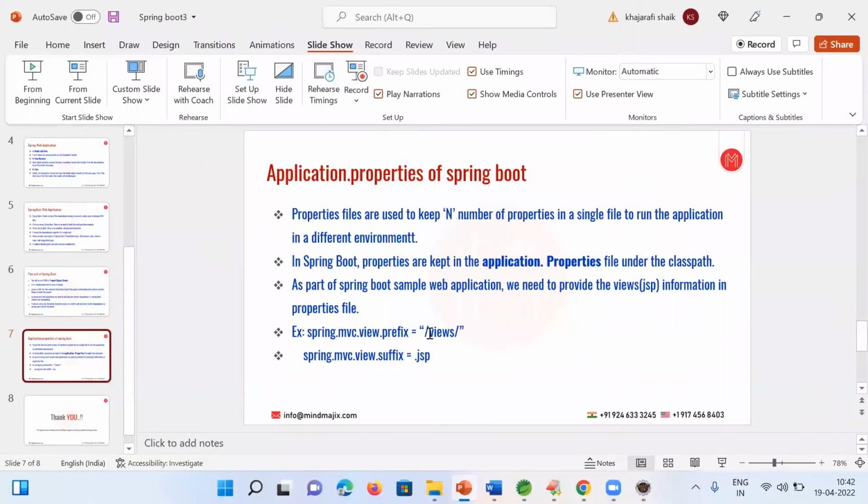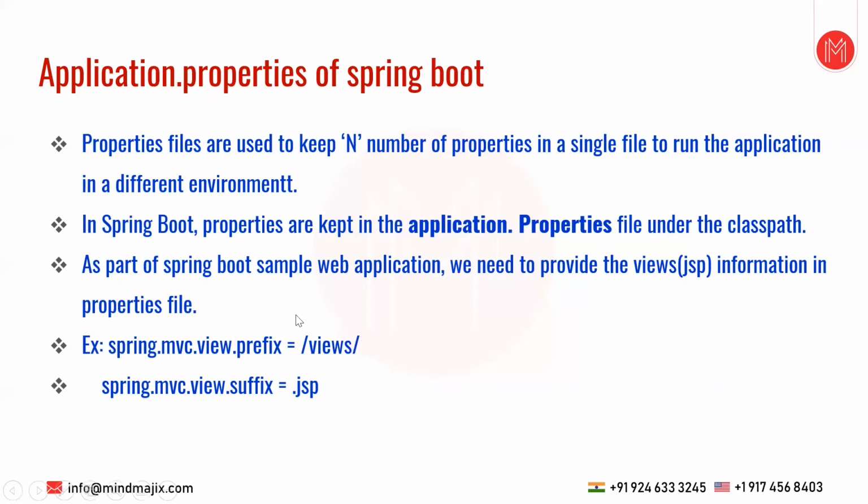spring.mvc.view.prefix. Here you need to specify where exactly your view components are. Okay. And if you want to specify the suffix information, the extension of your front-end program, you need to pass it here with the help of spring.mvc.view.suffix equal to .jsp.